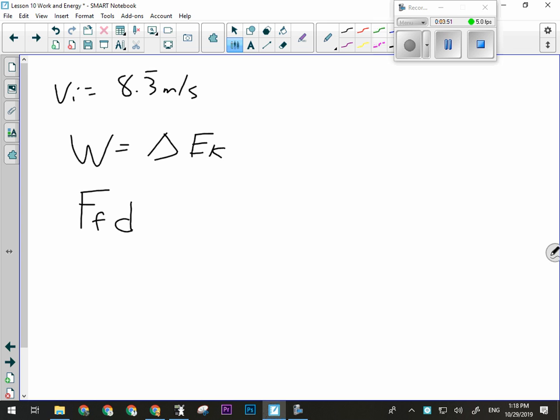And we're trying to change our kinetic energy. We want this number to be what? 0. This number here is completely determined by what kind of car I drive, mass, and how fast I'm driving.